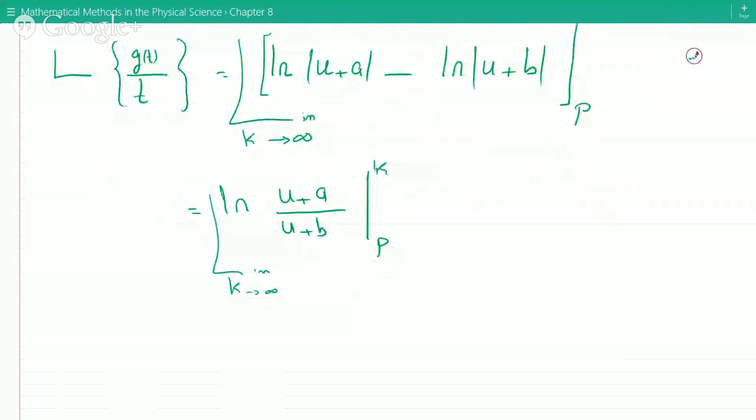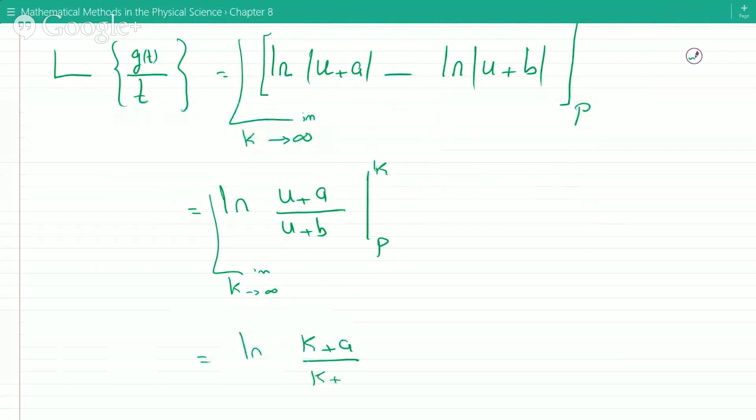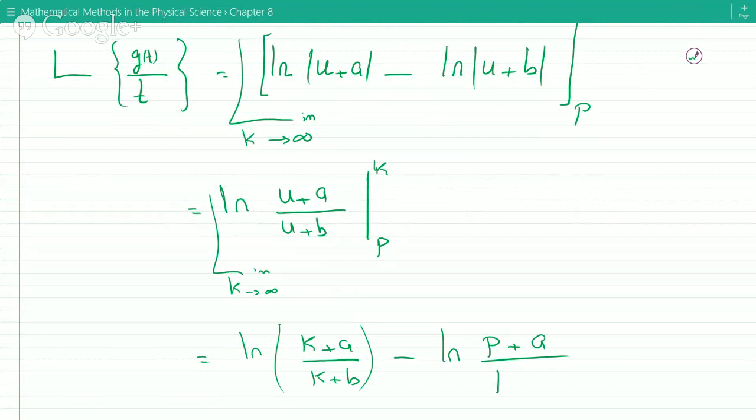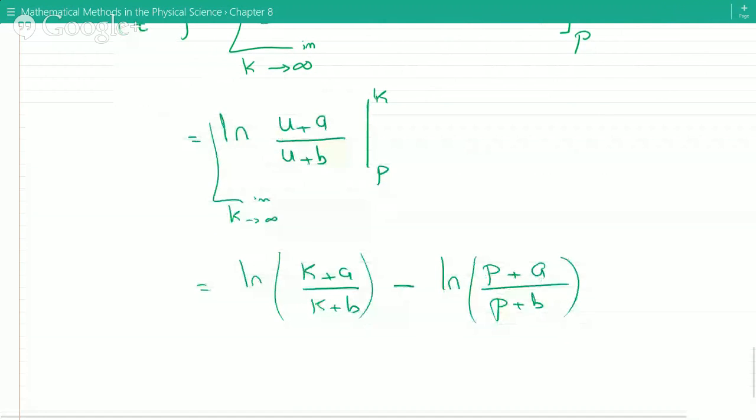And then if I evaluate this, I will get ln of k plus a over k plus b, minus ln of, instead of u, I'm plugging in p, so p plus a over p plus b.